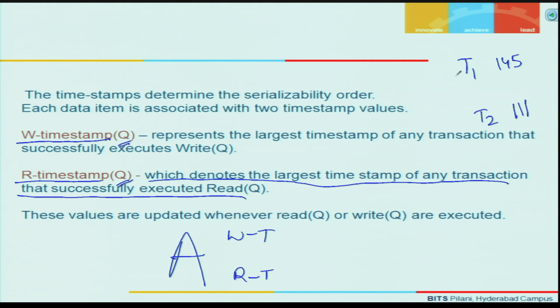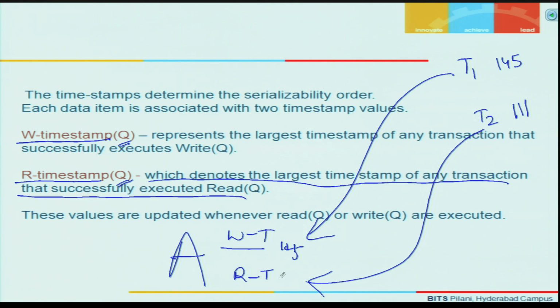And if T1 comes and writes this data item, then the value of W timestamp will be 145. And if T2 comes and reads this data item, and as of now the read timestamp for data item A is 111. Okay.